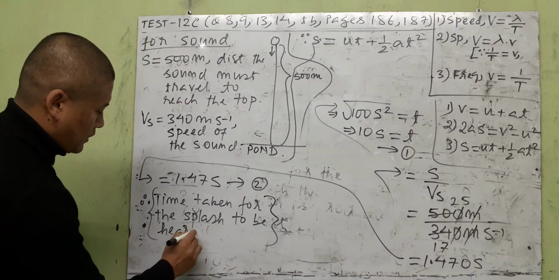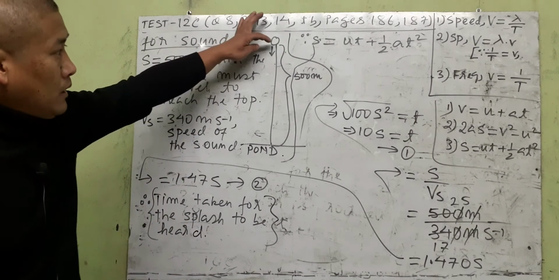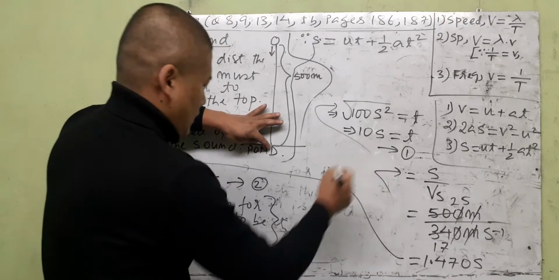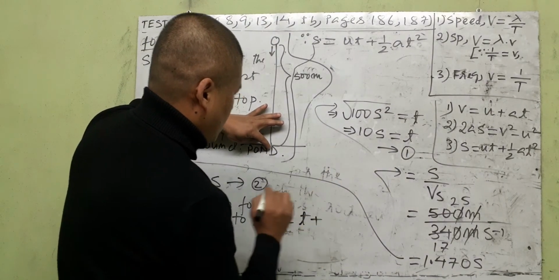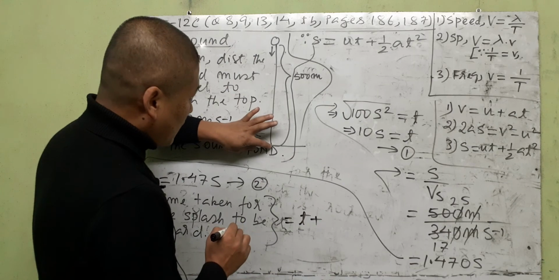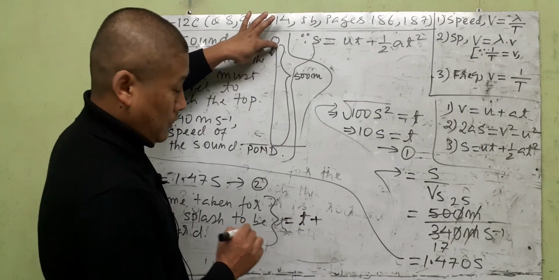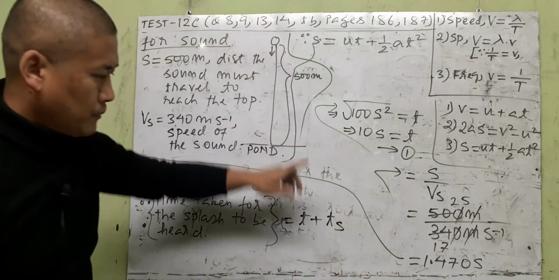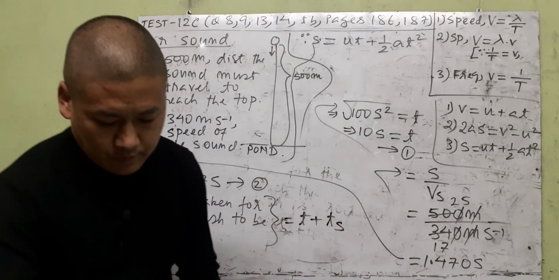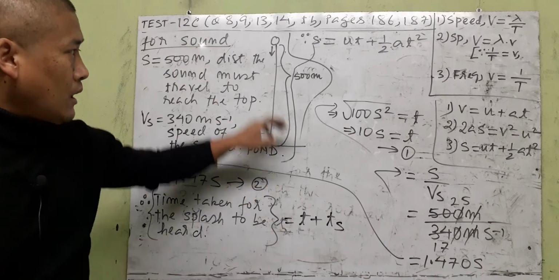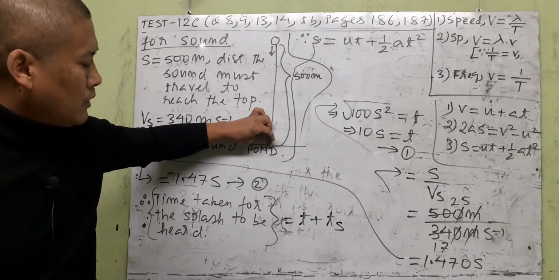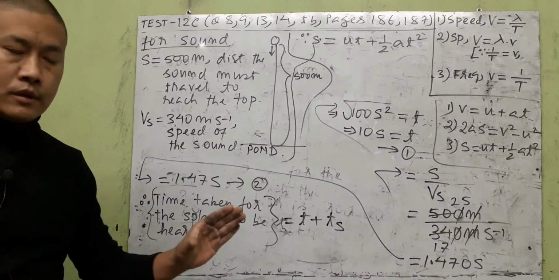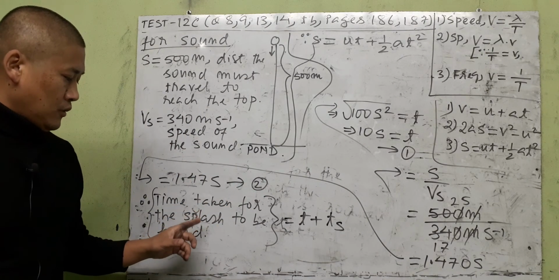Time taken for the splash to be heard will be the time taken by the stone to fall from top to the pond, which is T, plus, after the splash is produced, the splash has to travel to the top again, that is TS. So that is your answer. T is the time for the stone to fall to the pond, TS is the time for the splash to reach back to you. These two together are the total time taken for you to hear the splash.